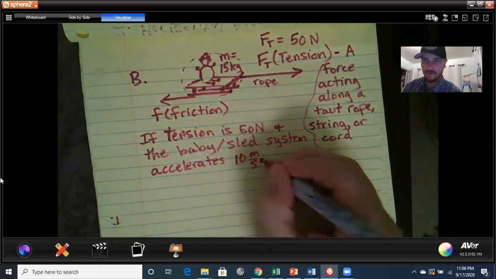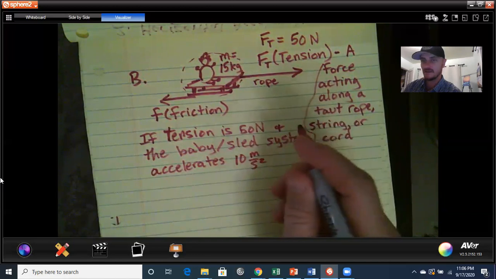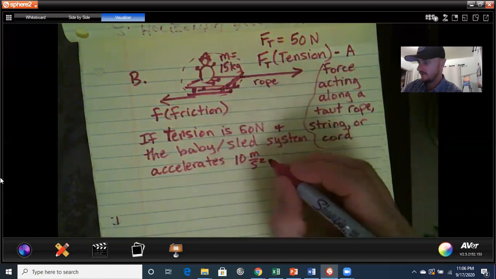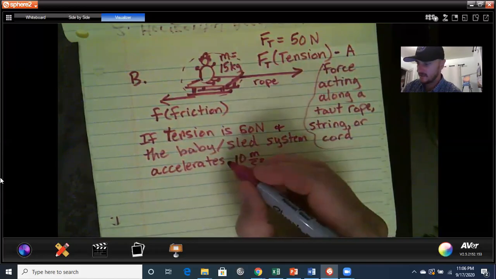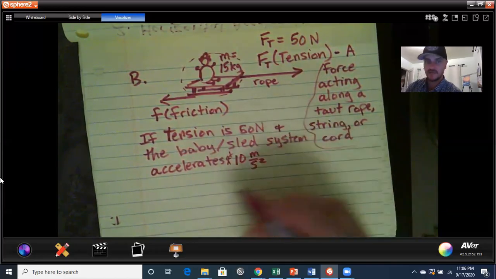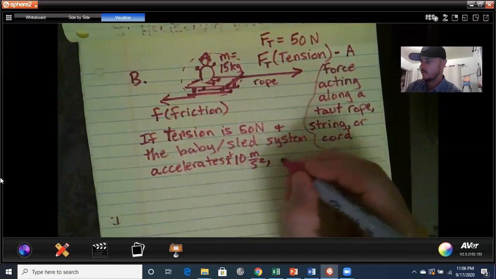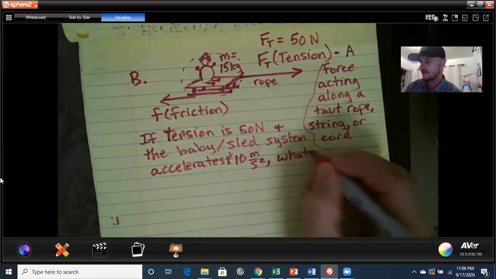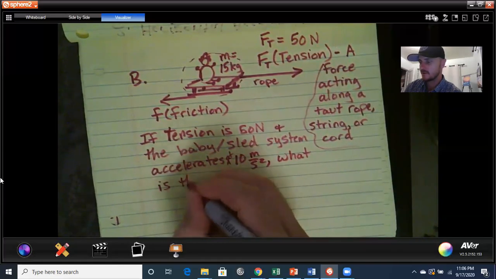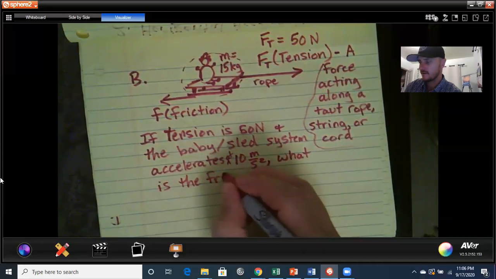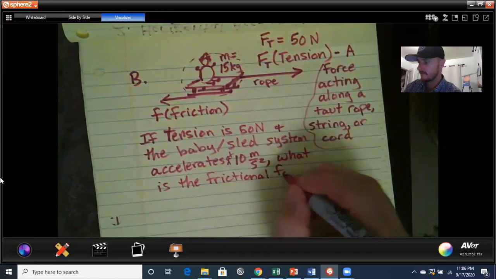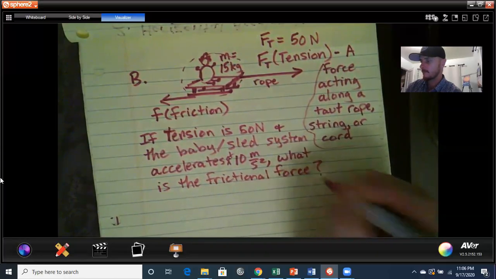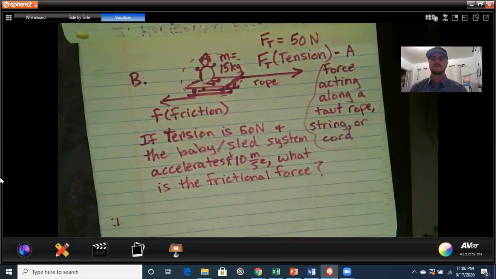That's like free fall. Can you imagine pulling a baby that fast on a sled? Your baby would get taken away from you, right? So the baby sled system accelerates at 10 meters per second squared. What is the frictional force? I want to find that frictional force, okay?